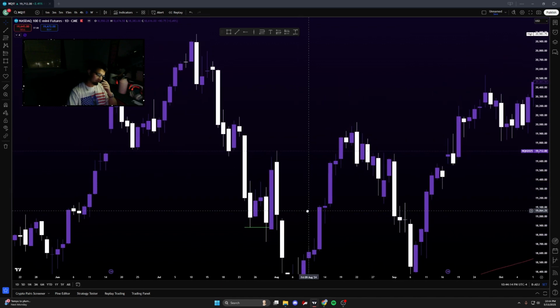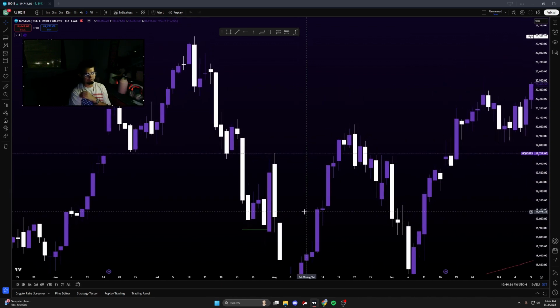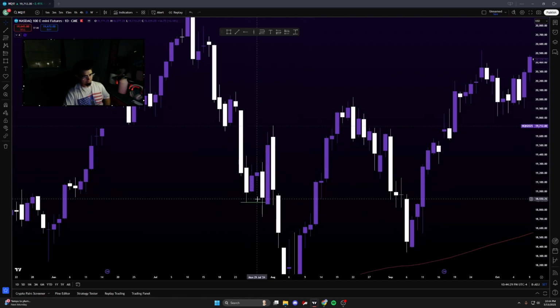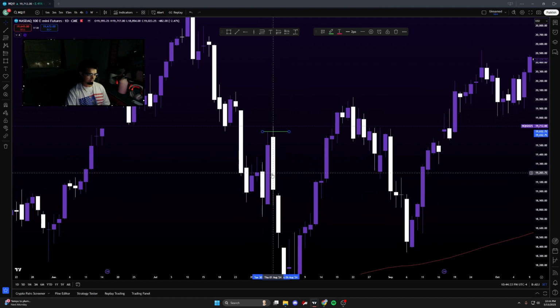It's just going to the daily time frame and looking at whether the next candle closed above or below the high or low of the day, depending if the day was bullish or bearish. Like right here, we see price fails to close above this high, so that's going to indicate that we're going to be bearish for the day.